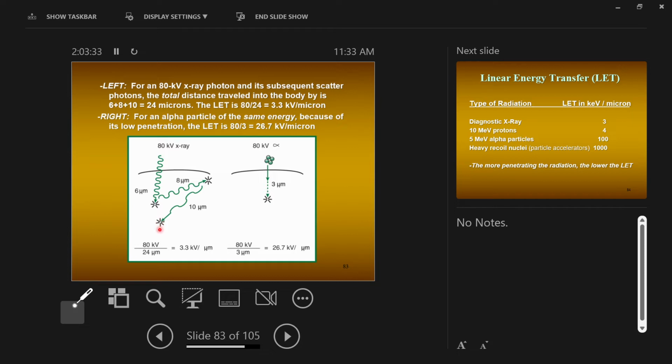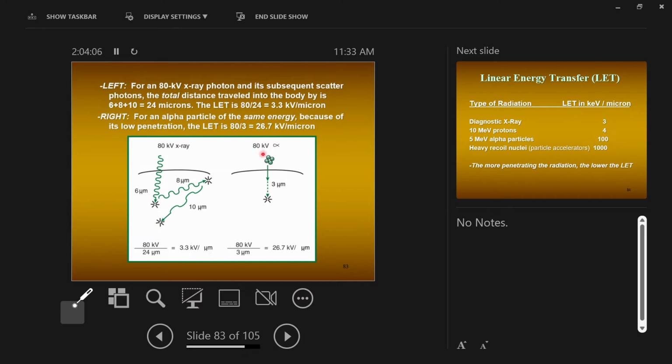So what we can say is that X-ray photon took 80 kV of energy and deposited that energy over a distance path of 24 micrometers, right? 6 plus 8 plus 10, okay? 80 kV over 24 micrometers, 80 divided by 24, is 3.3 kilovolts per micrometer path, okay? Every micrometer, there was 3.3 kilovolts deposited, okay?